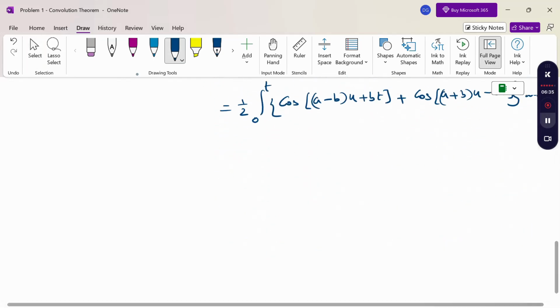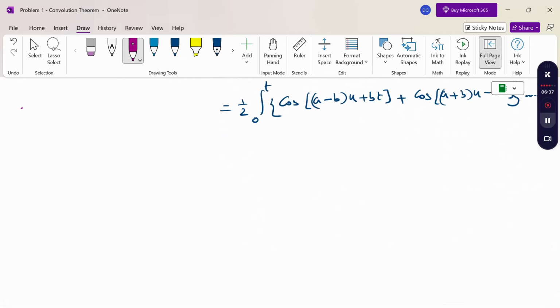So generally, what is the integration? The integration of cos ax dx equals sin ax by a. Integral cos of (ax plus b) is nothing but sin of (ax plus b) by a. Why only a?